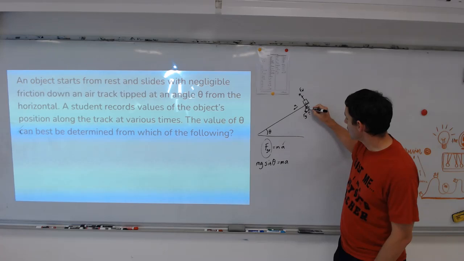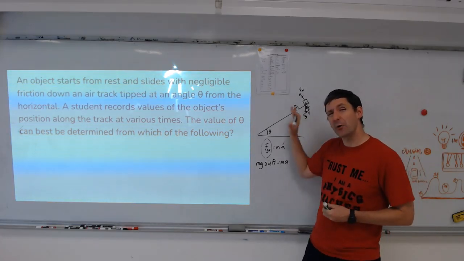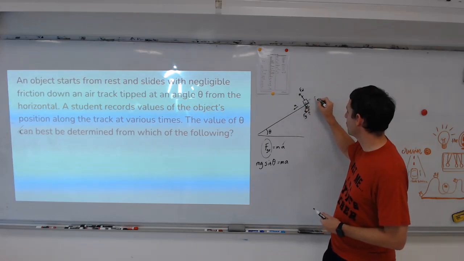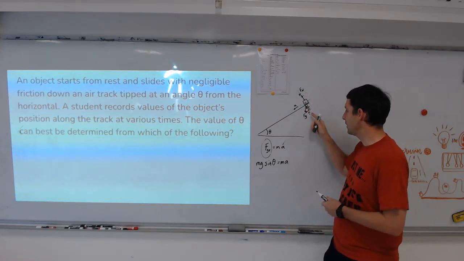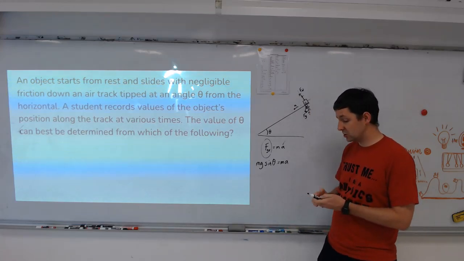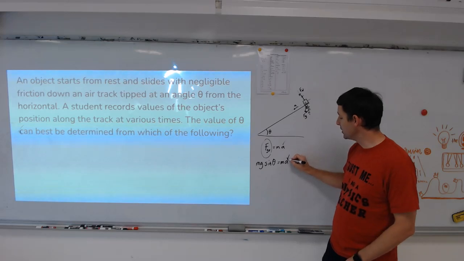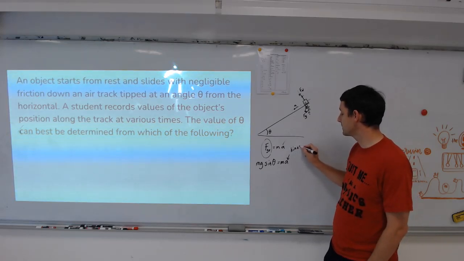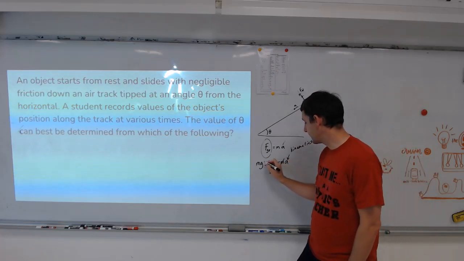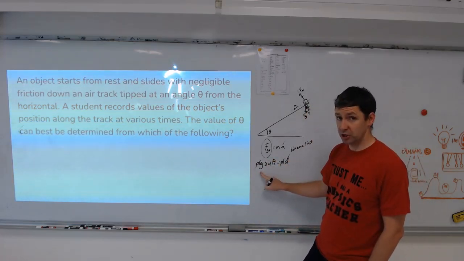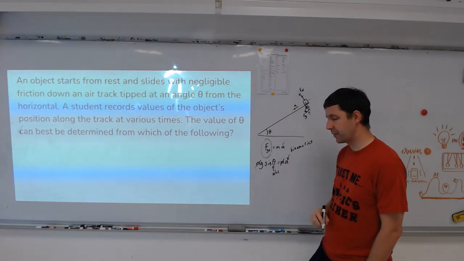I am going a little quicker through this because we already did the setup, but remember we've got the horizontal, we've got the vertical, and then the angle should always be perpendicular between those two. With this, if we know the acceleration, which we can get through kinematics, then masses cancel out, we know g, and therefore we can solve for theta.